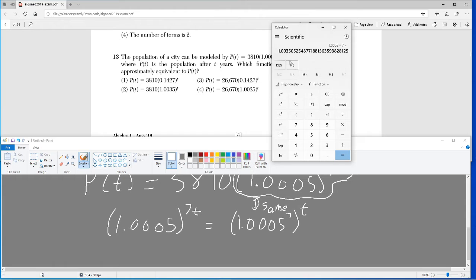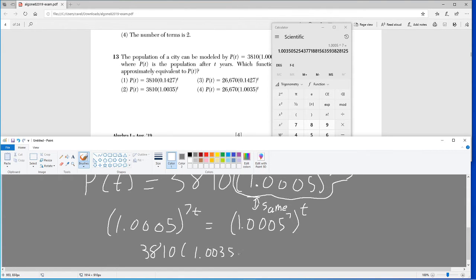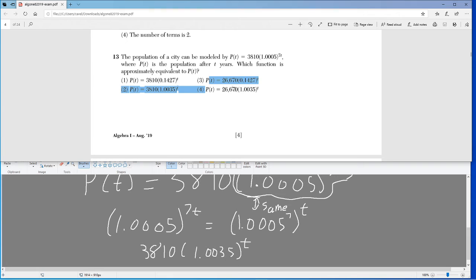So we have 1.0035, so this is 3,810 times 1.0035 to the t. Okay, so these are obviously all wrong. So the answer to number 13 is 2.